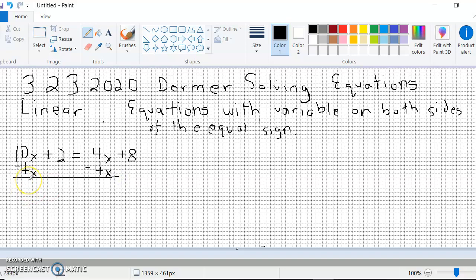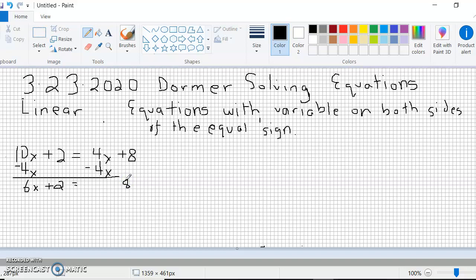Right. So now I will have 6x plus 2 equals, this is 0 so I don't have to put anything, 8.